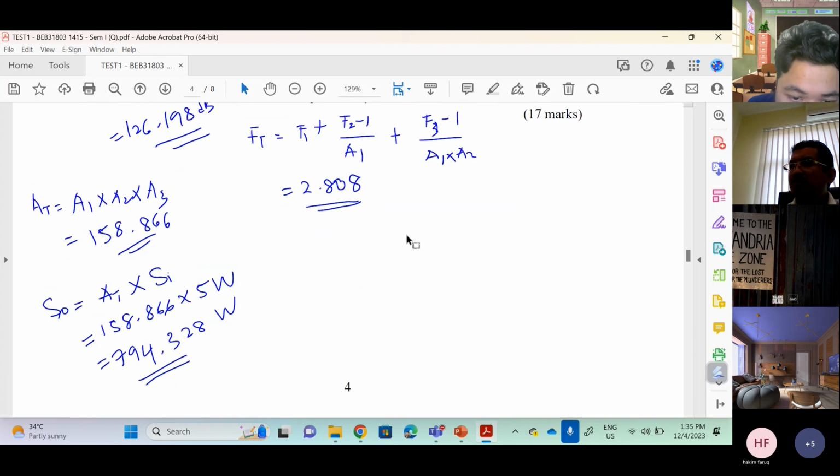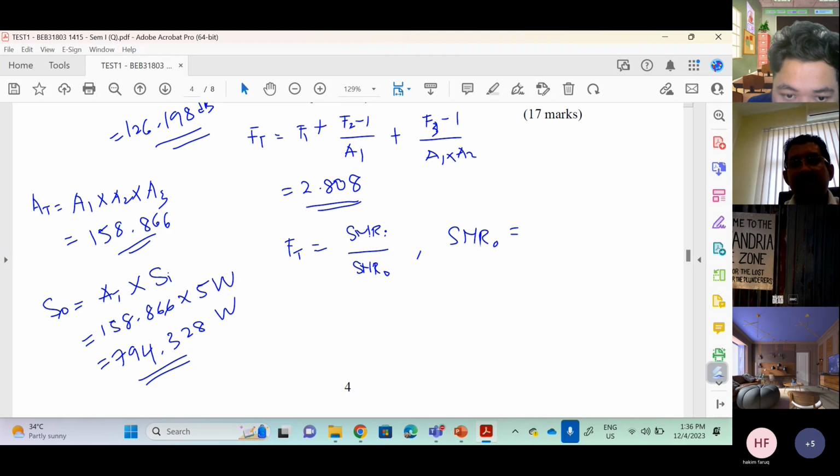So, dalam kes ini, apa yang you boleh buat adalah daripada F total, remember that F total ini sebenarnya adalah SNR I dibagikan dengan SNR O. Kita dah tahu SNR I, kita tak tahu berapa SNR O. Okay, so now you need to find the SNR O. Okay, SNR O is equal to SNR I divide with F total. Okay, ini boleh sama-sama bantu saya.